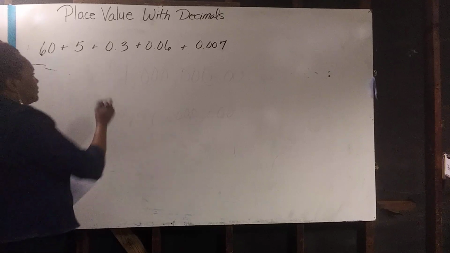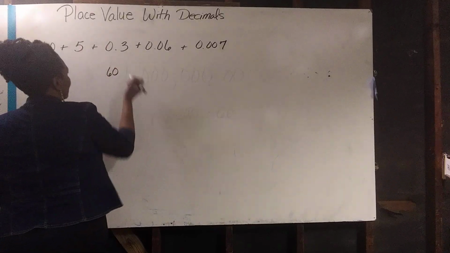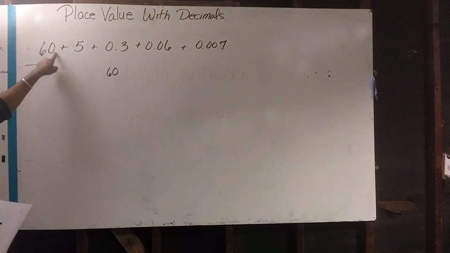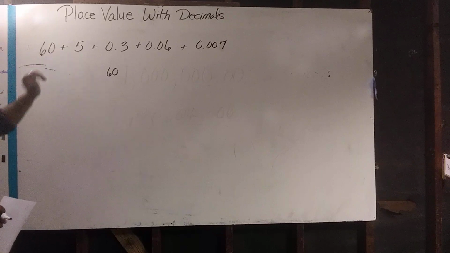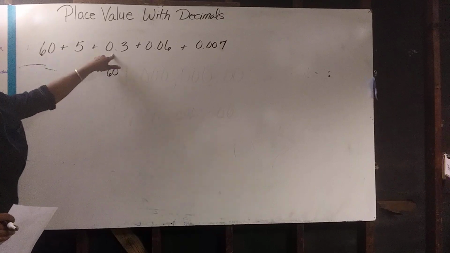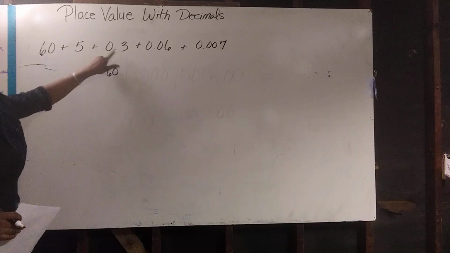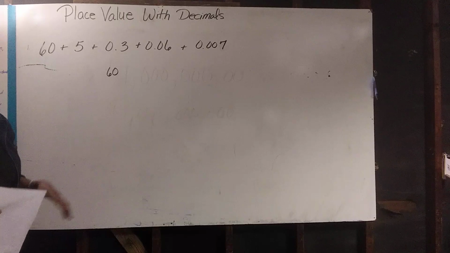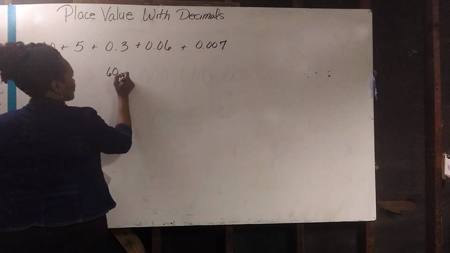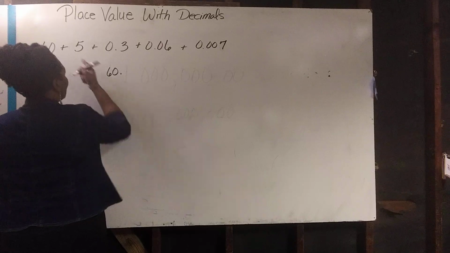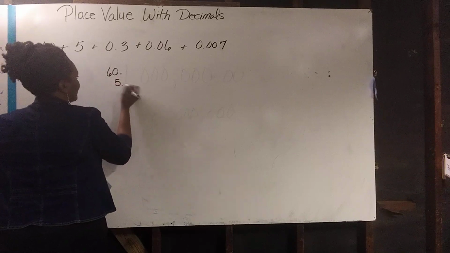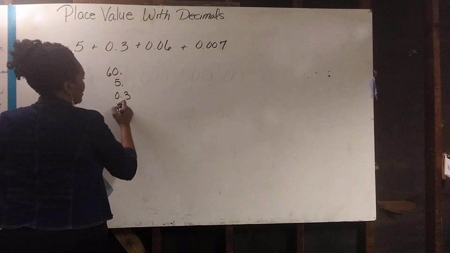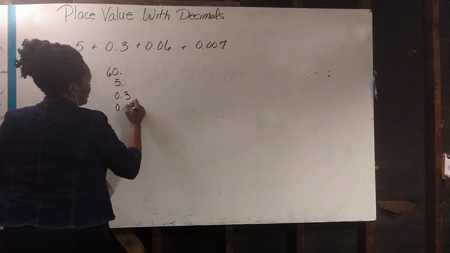All right, so look, we have 60. And if a number doesn't show you a decimal, there's always an invisible decimal behind every number. If you already see the decimal, then you already know what the decimal is. But if the number doesn't have a decimal, you can always put an invisible decimal. So look, you can say 60 plus 5, 0.3, 0.06.